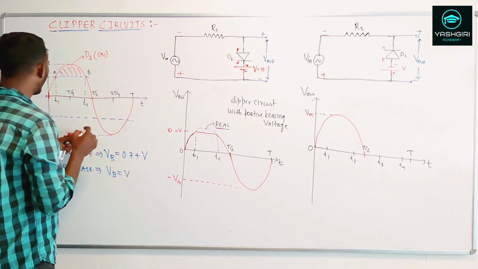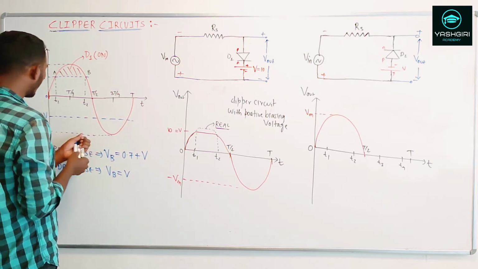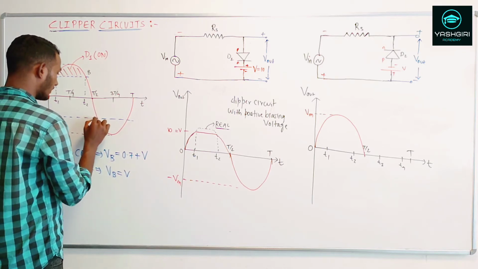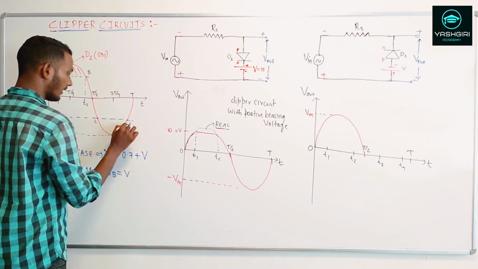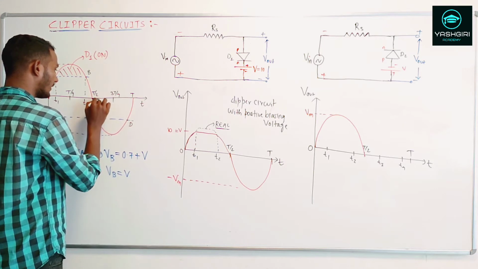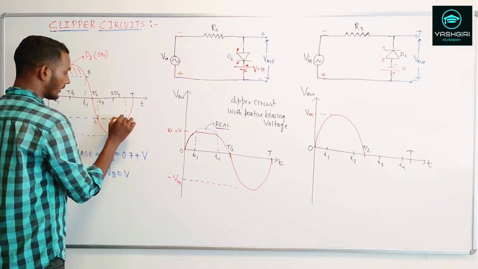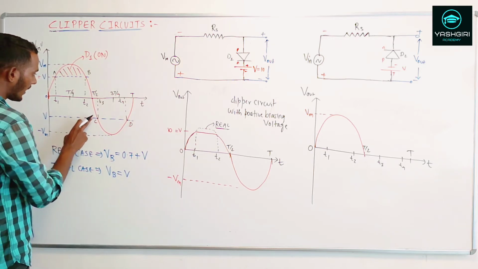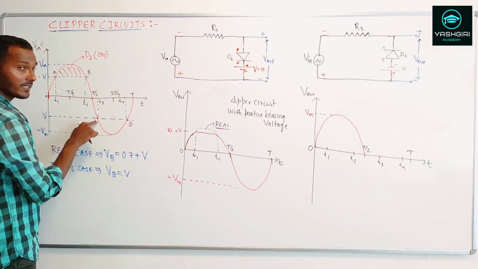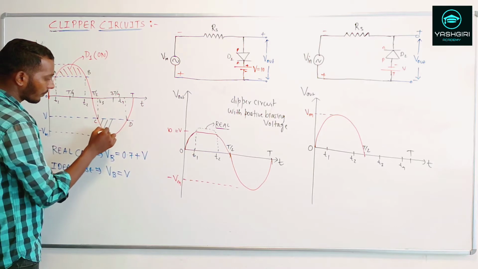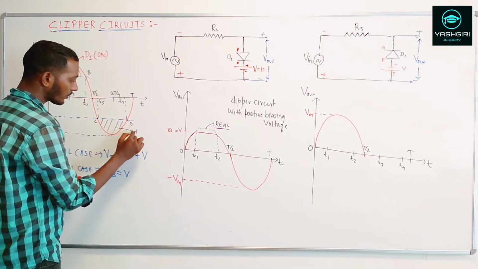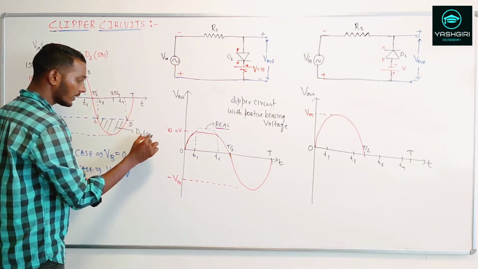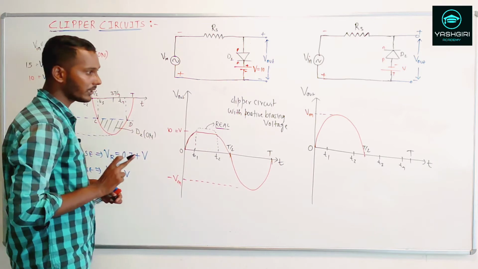Now let me mark this as point C and D, with corresponding times T3 and T4. Once it crosses the C point, only then will the diode D2 conduct. So diode D2 will be in the on state in this shaded region from C to D.